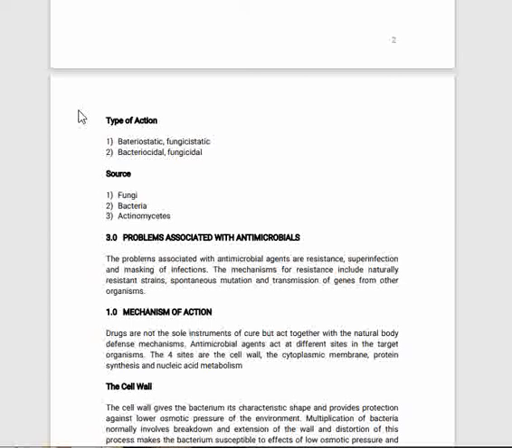So let's check on the problems associated with antimicrobials. What are the current problems? Since many years have passed since the evolution and invention of drugs, the question is, what are associated problems with antimicrobials in the present regime? So the problems associated with antimicrobial agents is what I mentioned before, and I told you that we have resistance, superinfection, and masking of infection.